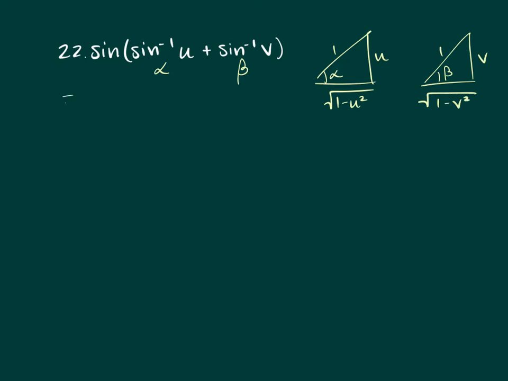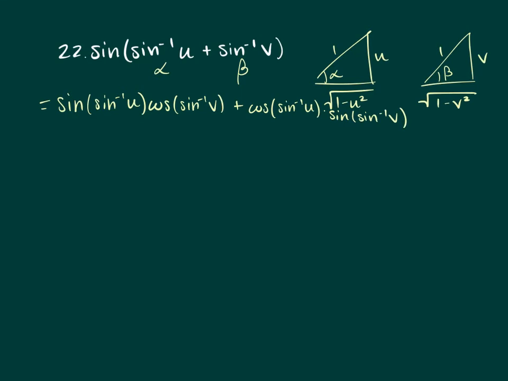And then I'm going to use our addition formula for sine from the last video to break up our sine here. So we have sine of sine inverse u, cosine of sine inverse v, plus cosine of sine inverse u times sine of sine inverse v.